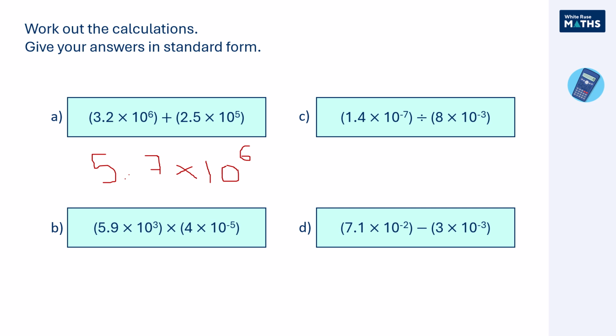Okay, part B. We're going to have 5.9 times by 10 cubed times by 4 times 10 to the power of minus 5.